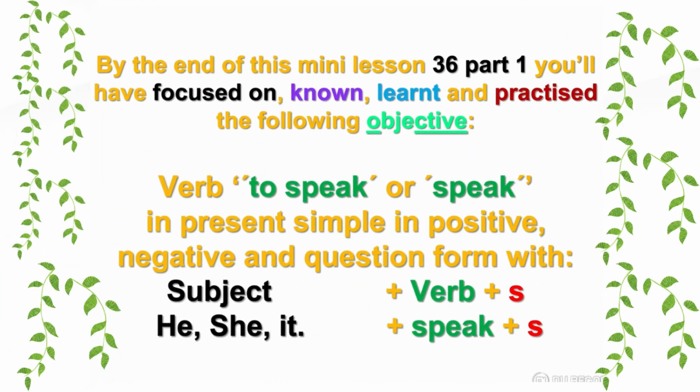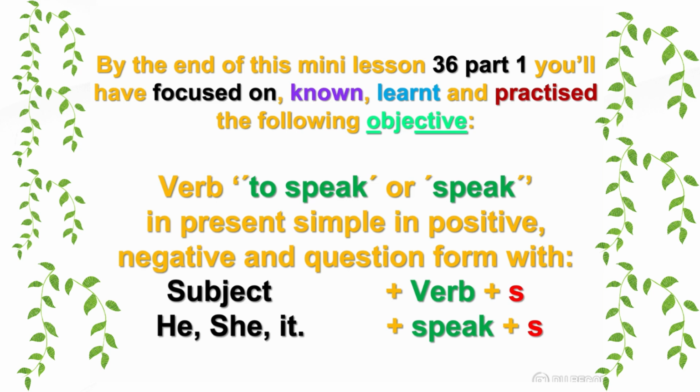By the end of this mini lesson 36 part 1, you will have focused on, learned and practiced the following objective: the verb to speak in present simple, in positive, negative and question form. This is the rule: subject plus verb plus s. So if we say he speak, it's not correct.